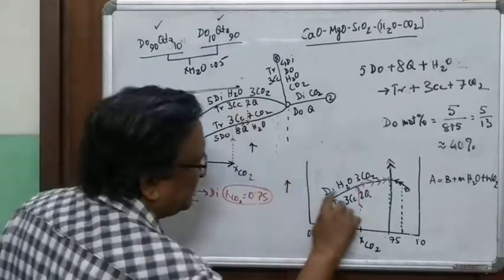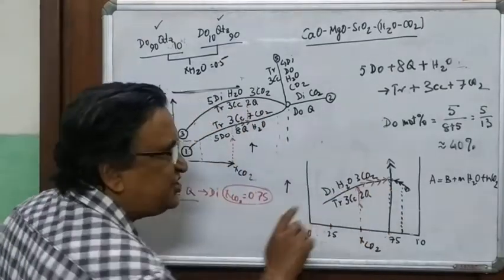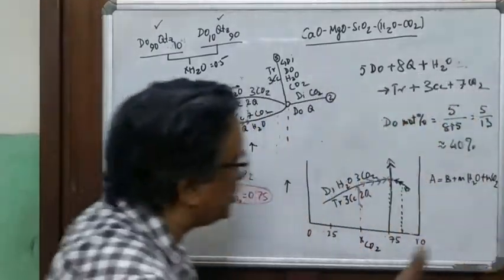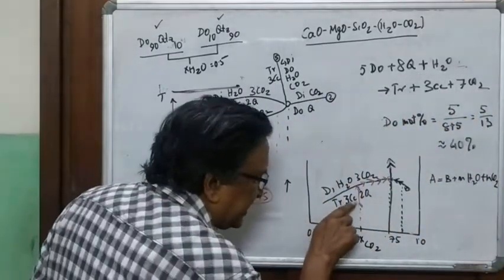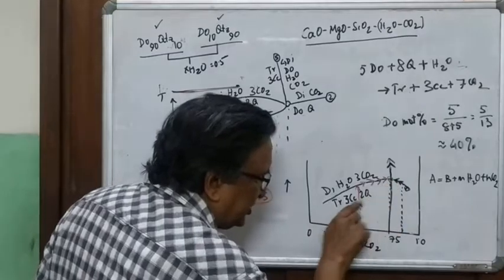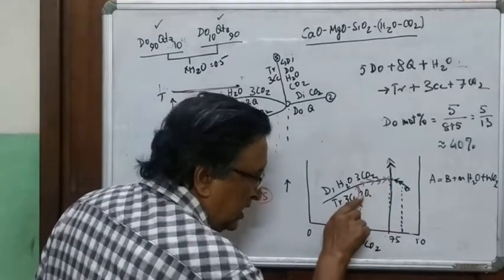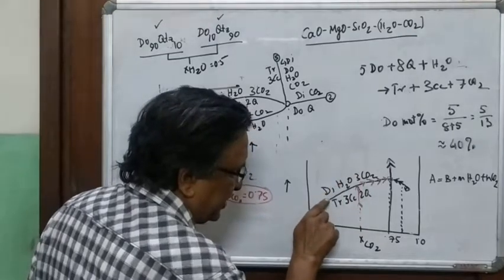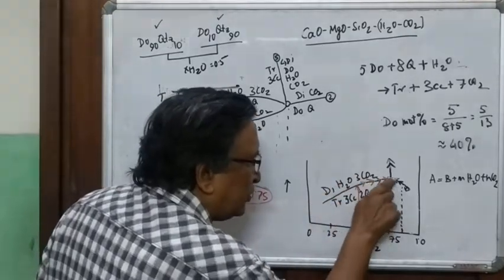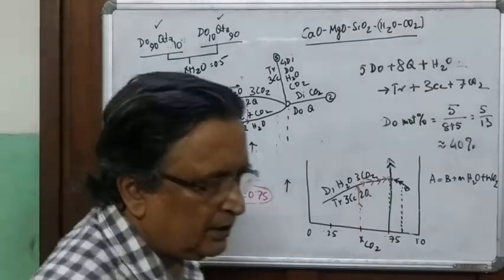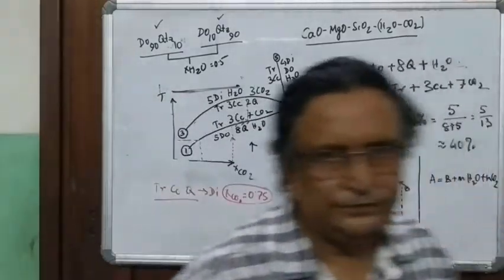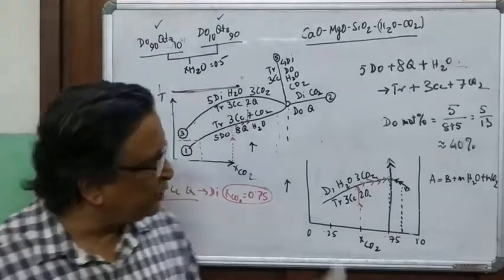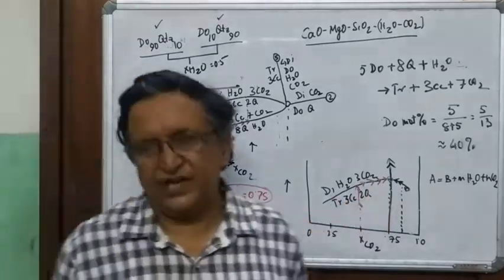By this method, you're not changing the composition of the mineralogy of the rock, because tremolite, calcite, quartz in both ways, in this ratio, is reacting to produce H2O and CO2 in the ratio 1:3 and producing dolomite. So when you go this way or you go this way, you're producing dolomite and H2O, CO2 in the ratio 1:3. But you're following two completely different trajectories.